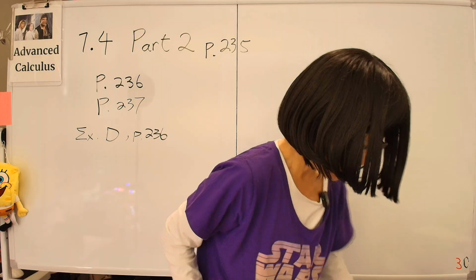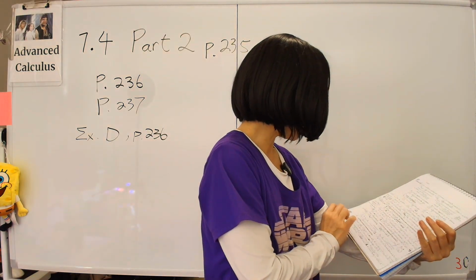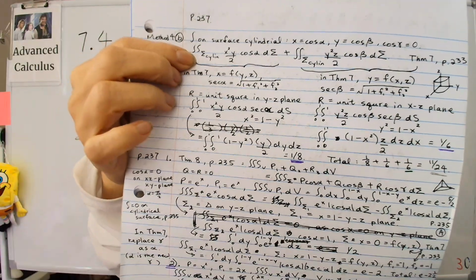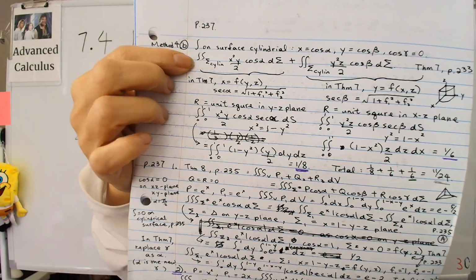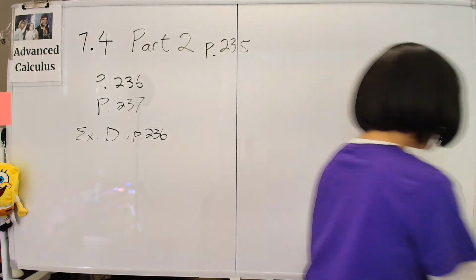So that's that. Next, let's look at what the book did. The book did it differently. In order to integrate this thing, instead of what I did, the book applied Theorem 7 on page 223. So let's look at Theorem 7 again.